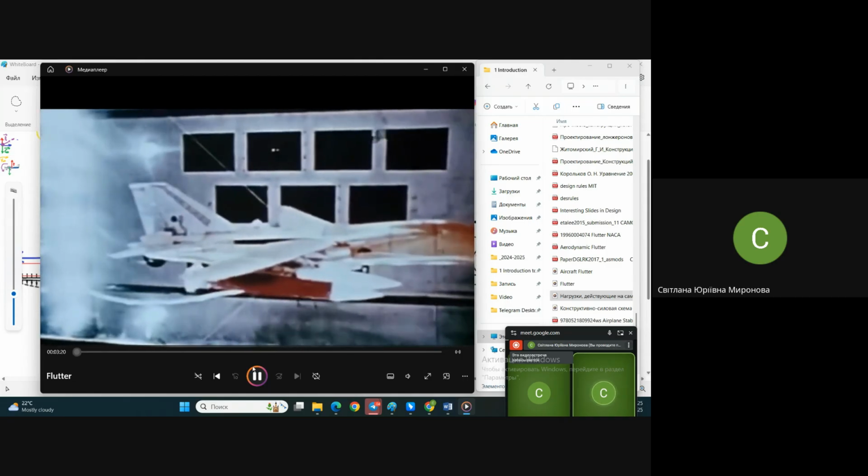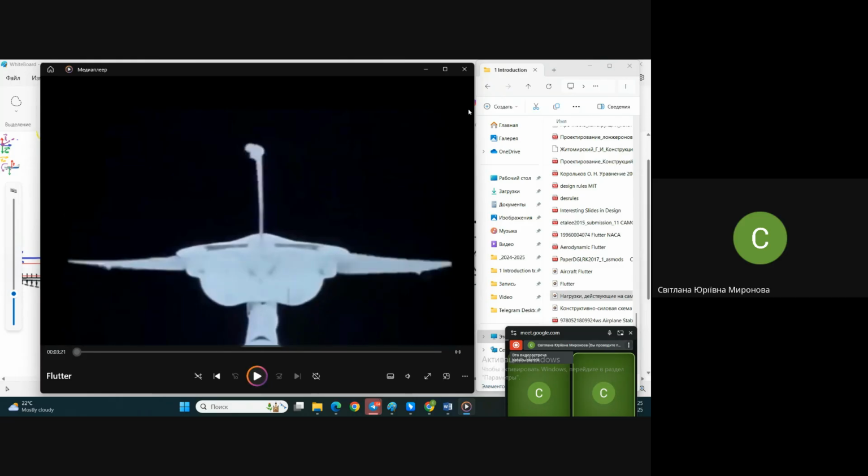And you have seen at the tip of the wing something like a tube protruding to the front. Such devices are additional weights.